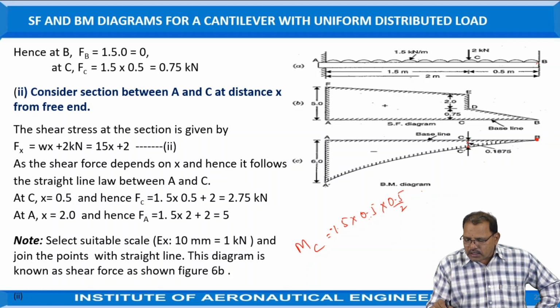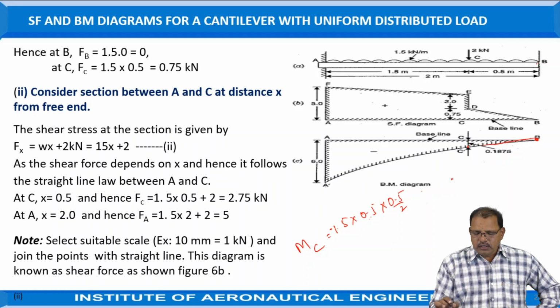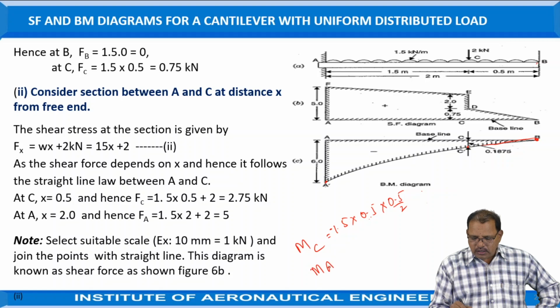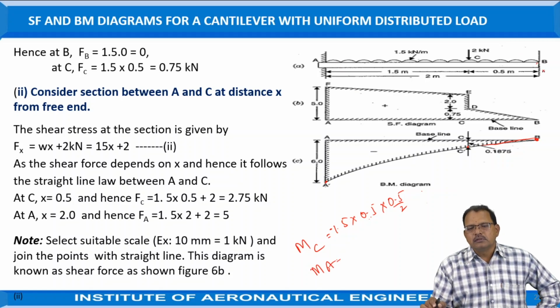Represent the vertical lines to represent this load, but join B and C points by using a parabolic curve, because the bending moment depends on the square of the distance between the points. Now at A position, the bending moment at point A, that is M at A, is equal to the total load, that is the unbalanced force, that is uniformly distributed, equal to 1.5 into 2.